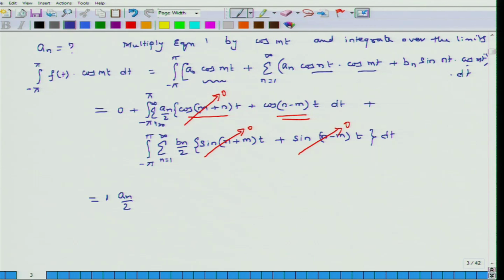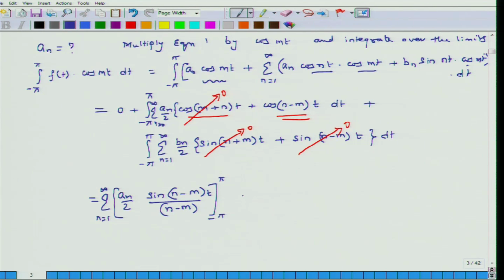So what I end up getting is an over 2 summation n equals 1 to infinity, and this is sine (n minus m)t over (n minus m). Okay, and I can take this value at minus pi to pi, and there is a t here.